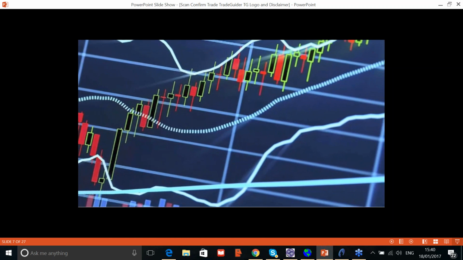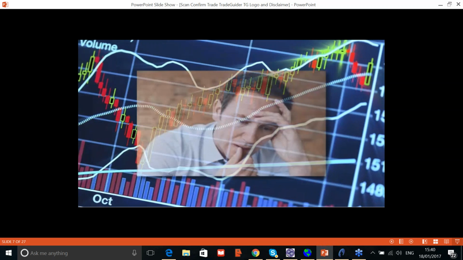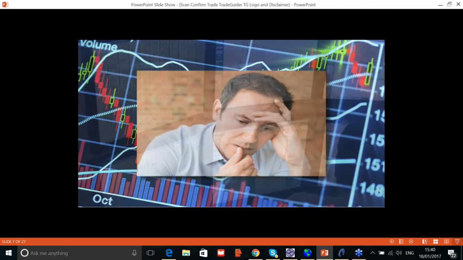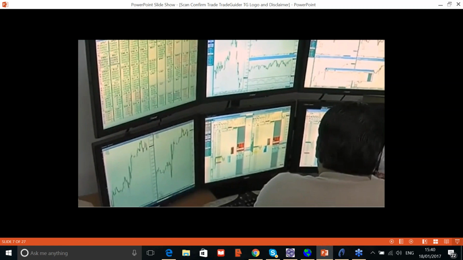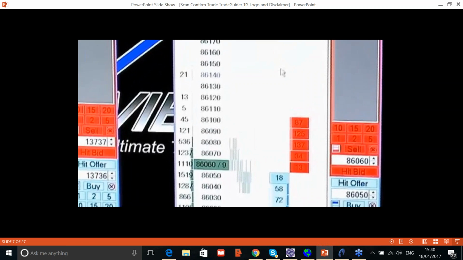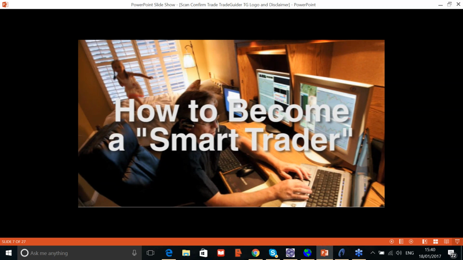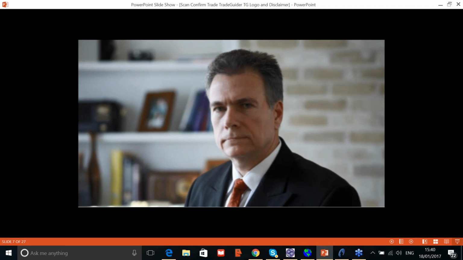The problem for them is that on their own, these tools and methods don't work, which is why the large majority of traders lose to the markets. Remember, the market needs losers, many of them, so that the informed minority can win. Today, we'll show you how you can become a smart trader, trading in harmony with the professionals rather than trading alongside the herd. So why do so many traders lose?